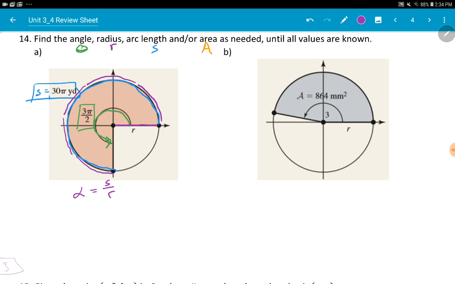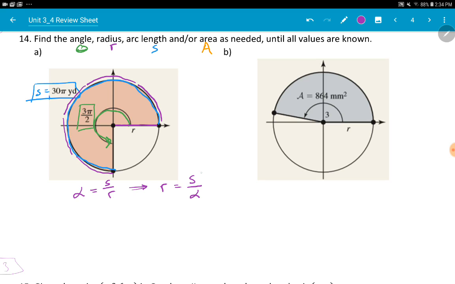So that is kind of how I remember it. But I want to solve for r, so multiplying both sides by r and then dividing by alpha, I get that radius equals the arc length divided by alpha. So those are equivalent equations, but one of them is easy for me to remember and one of them is actually going to help me.